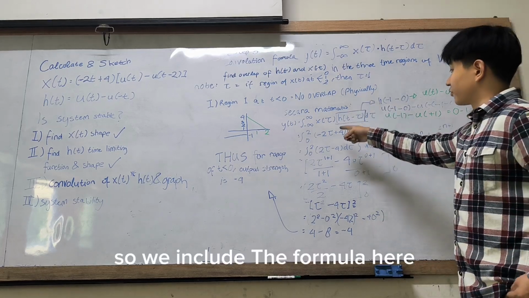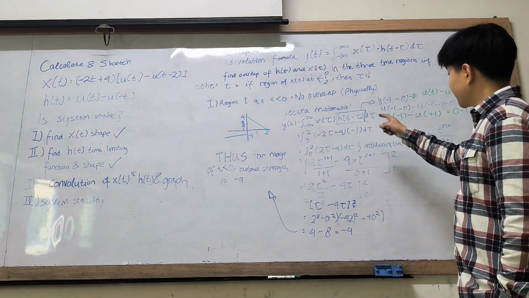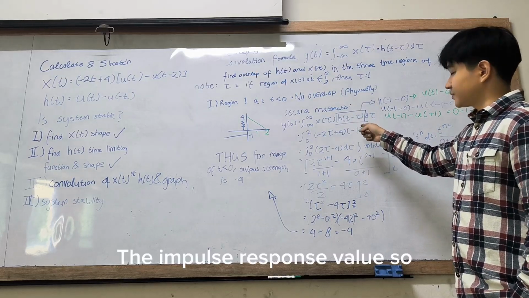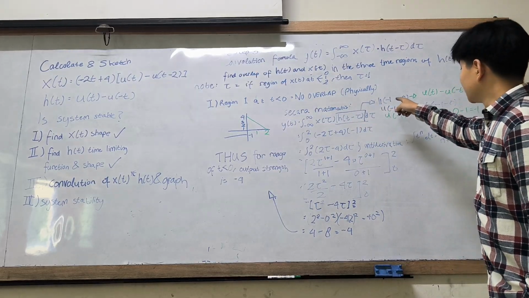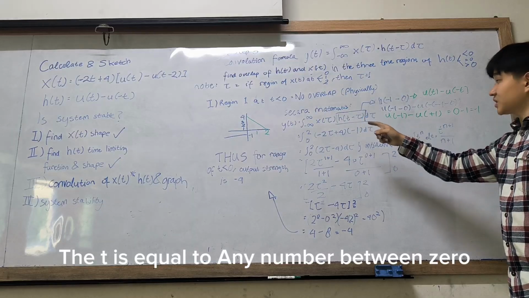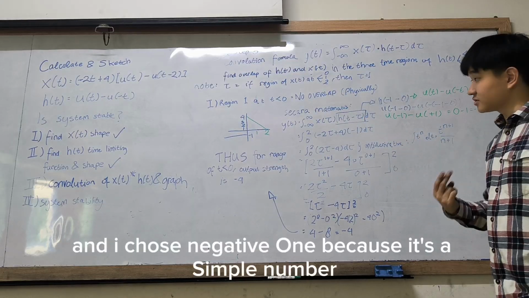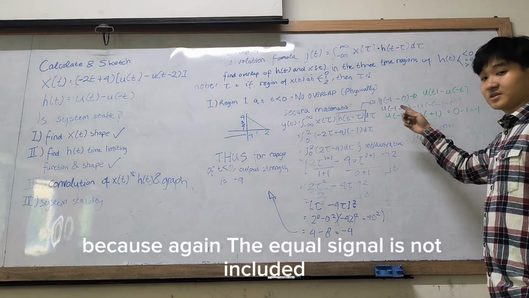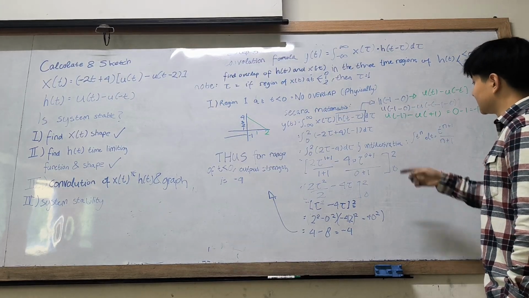So we input the same formula here, and first we have to find the impulse response value. So t is equal to any number below 0, and I chose -1 because it's a simple number, and tau is 0 because again the input signal is not included.